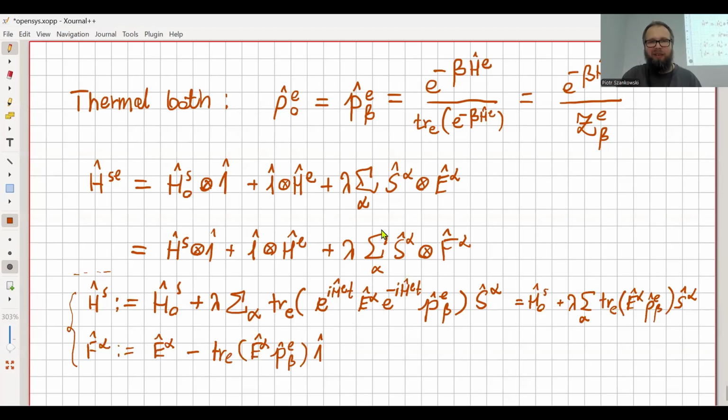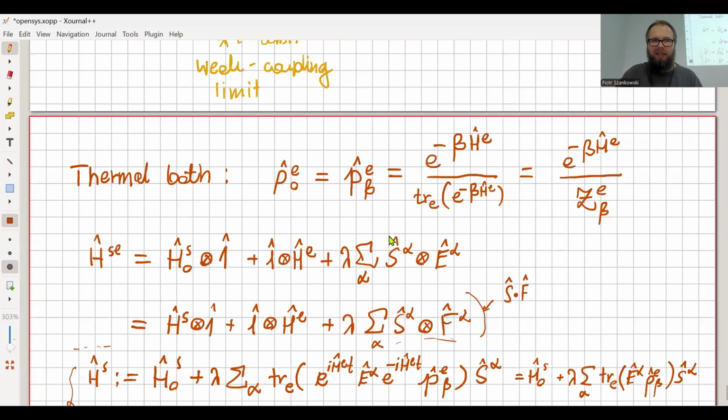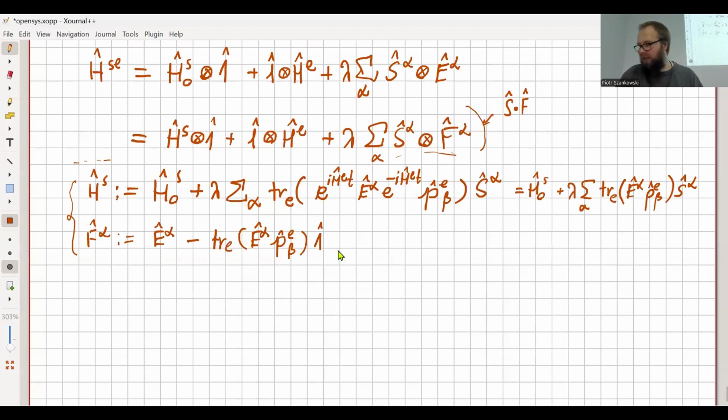So this is our Hamiltonian, this general form of Hamiltonian. And one more thing, we will use a shorthand notation. So instead of writing this sum over alpha of outer products, I will write it as a pseudo dot product, just as a shorthand.